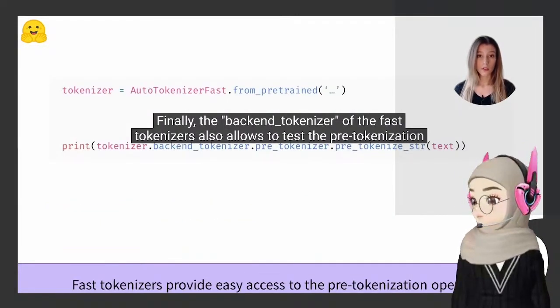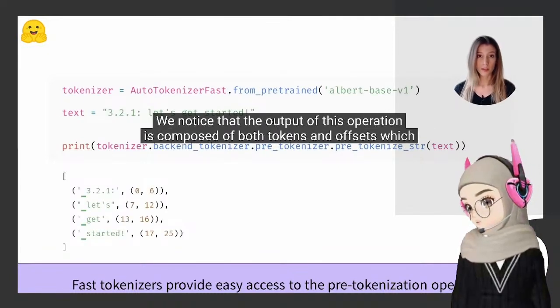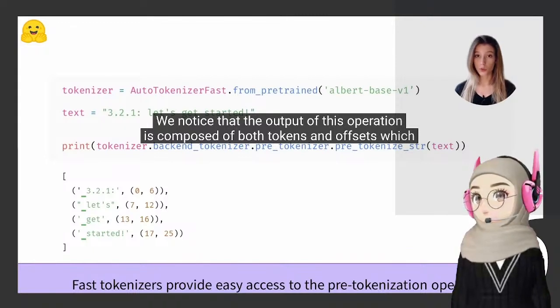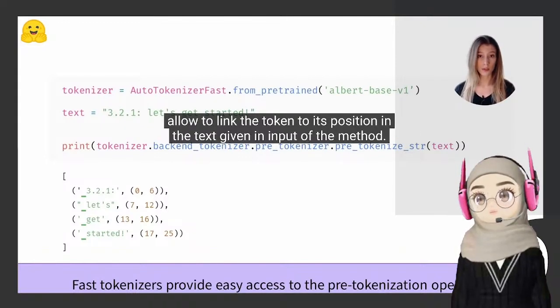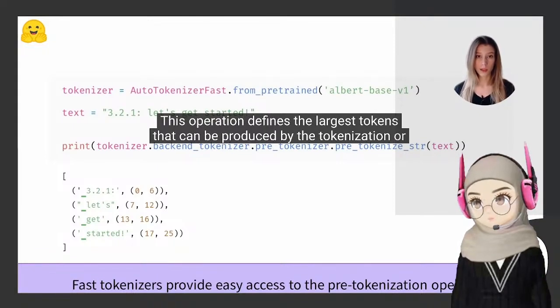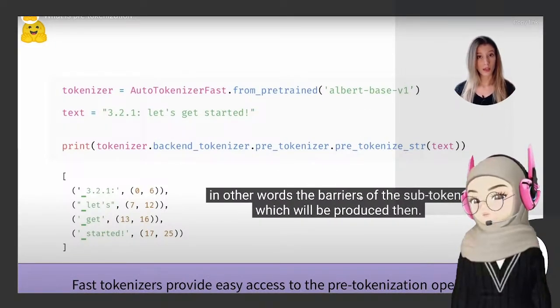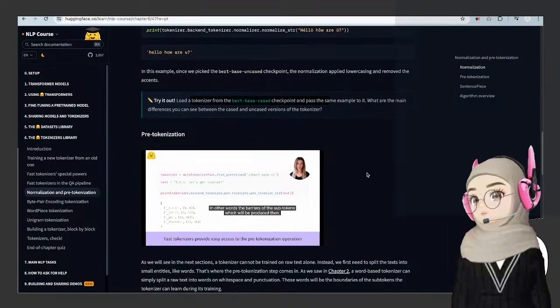Finally, the backend tokenizer of the fast tokenizers also allows to test the pre-tokenization operation very easily thanks to its pre-tokenize string method. We notice that the output of this operation is composed of both tokens and offsets, which allow to link the tokens to their position in the text given in input of the method. This operation defines the largest tokens that can be produced by the tokenization, or, in other words, the barriers of the subtokens which will be produced then. And that's all for the key characteristics of the pre-tokenizers.